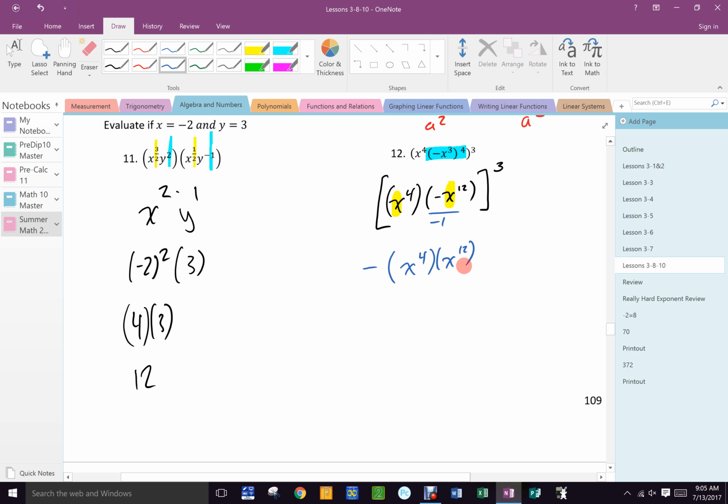Everybody with me? Now what are you going to do with those? Add them up. So I'm going to get negative x to the 16th, yes? Everyone agree? And all of that is what? Cubed. So that becomes negative x to the what? What do I do over brackets? 48.